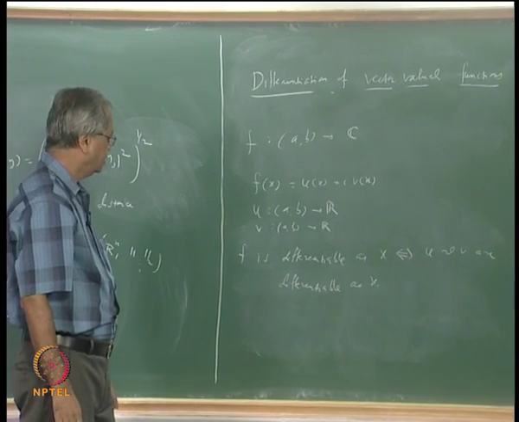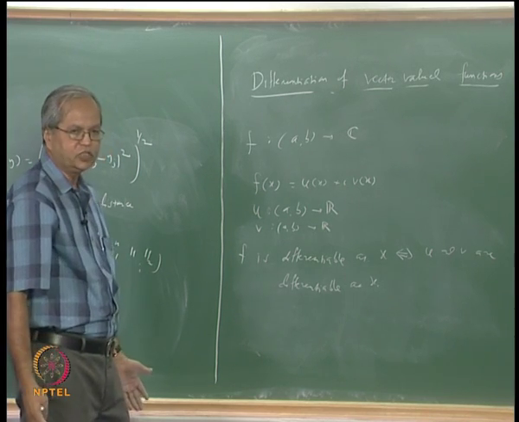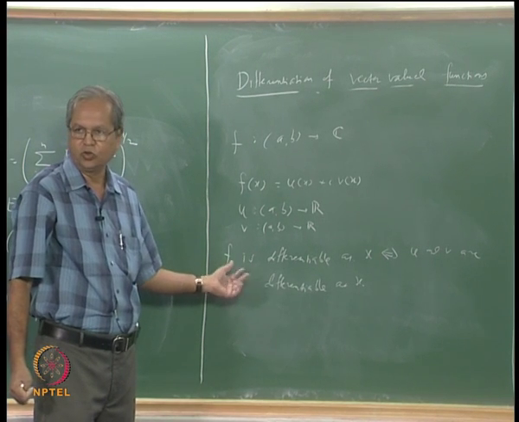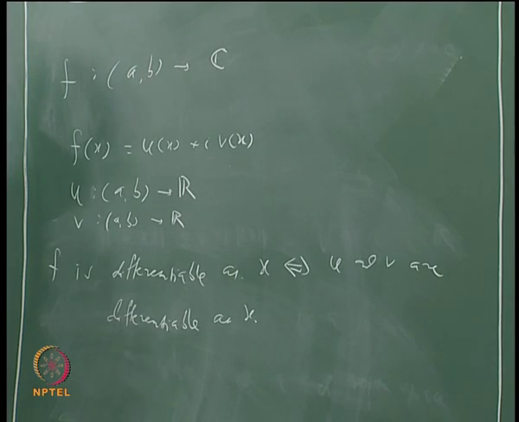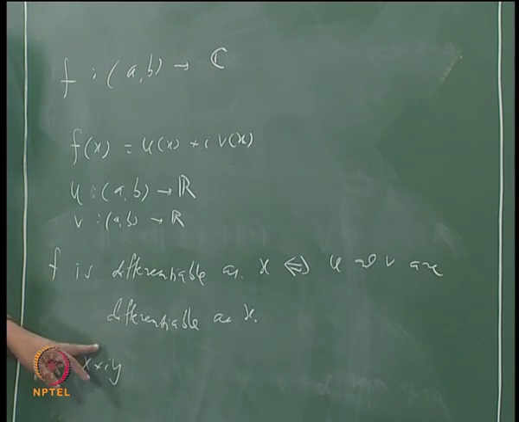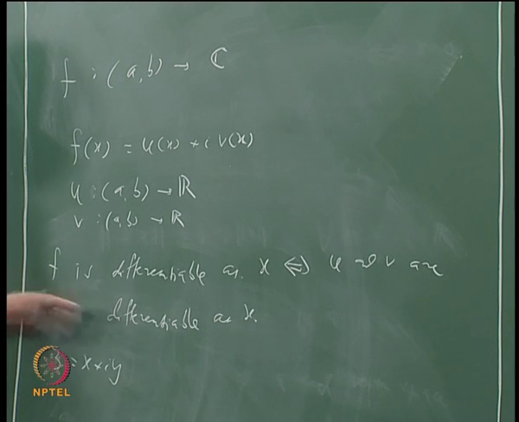And how does one prove this? In fact I would say that this follows from the property of the absolute value function on the complex numbers. And what is that property? Suppose you are given any complex number z, say z equal to x plus iy. One can say exactly that mod z squared is x squared plus y squared, but that is not something I am looking at.